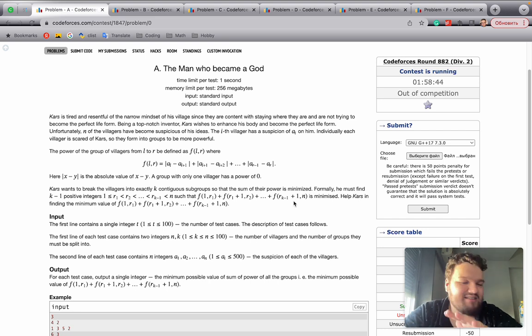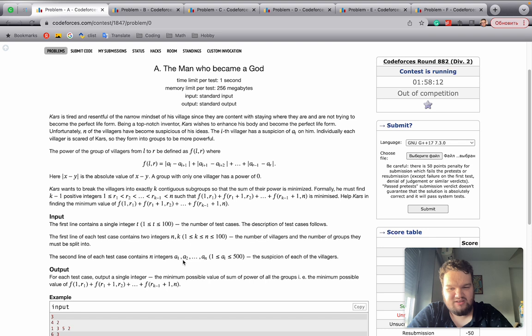Okay, that is not so bad a problem, and you can do literally what is written in the statement as a DP and it will be a valid solution. But what is intended is to say that for every two neighboring elements that are in the same segment, we are paying the absolute difference between them.